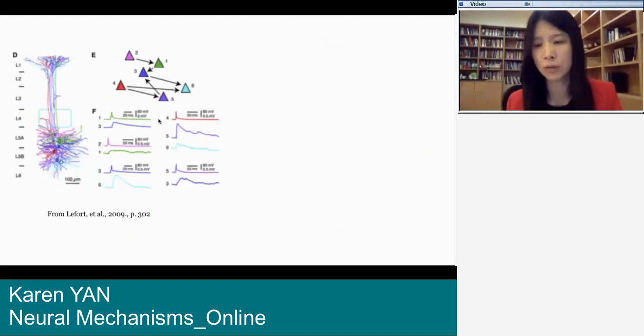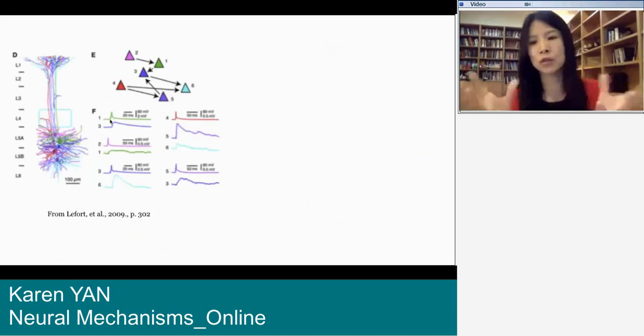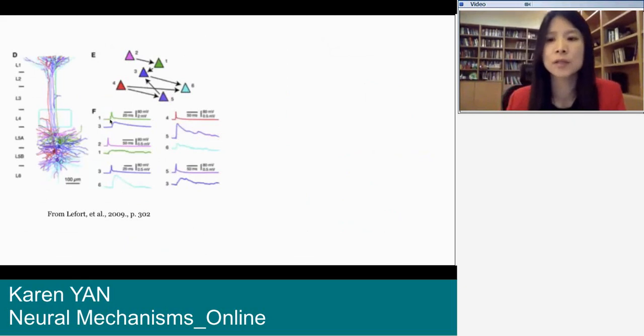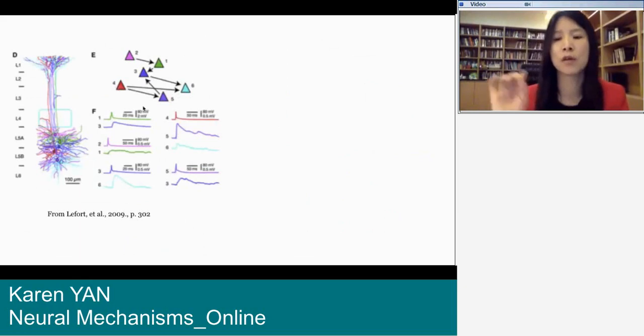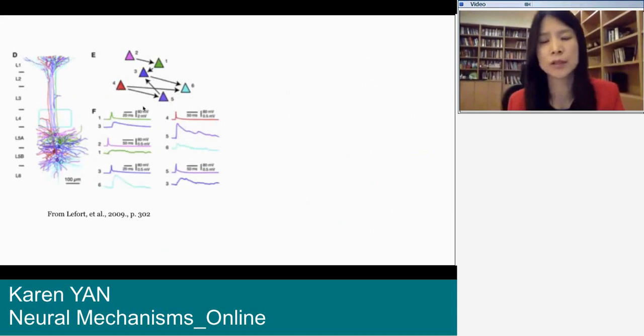And by having this visual diagram to look at and think about, they spot a pattern: neurons at layer 4 usually provide strong output to neurons at the other layers, but they receive little input from neurons at the other layers.